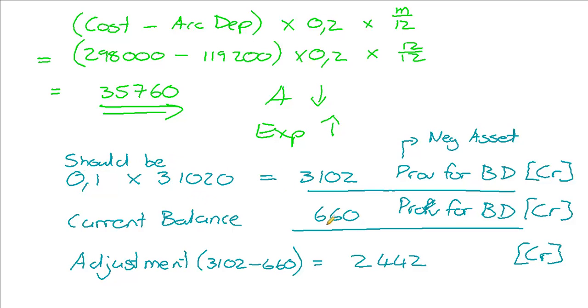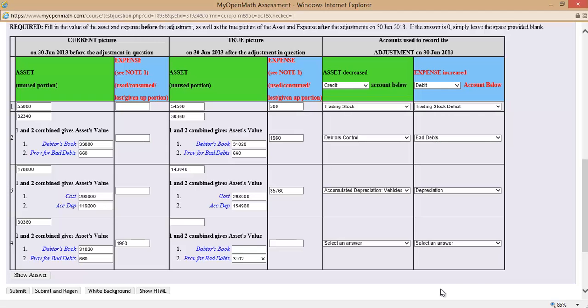It is currently 660. Okay, my debtors book is going to stay the same at 31,020, and my new debtors value or trade debtors figure is going to be the debtors book minus the provision for bad debts.